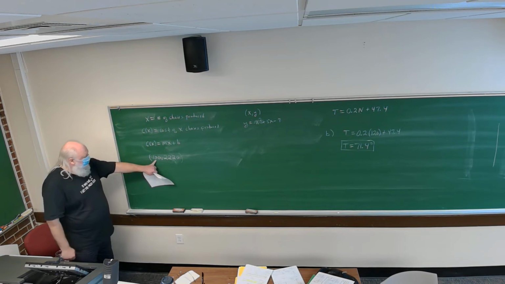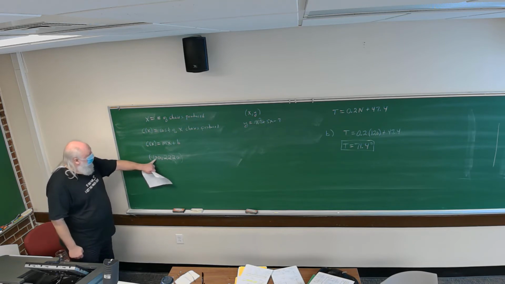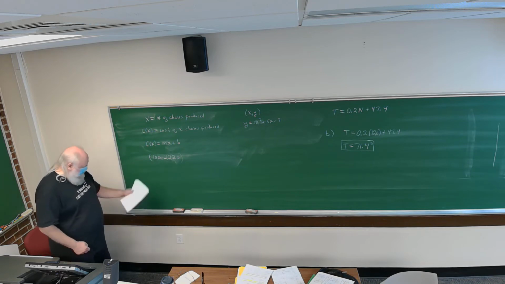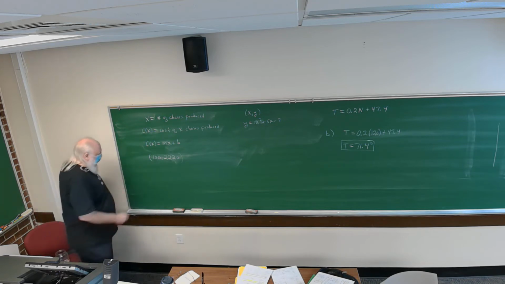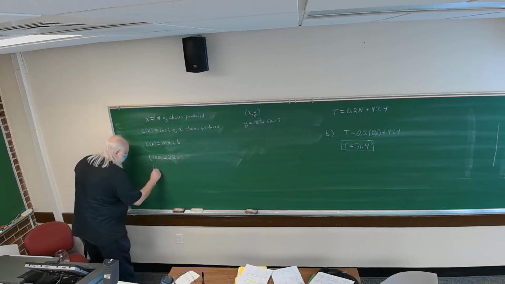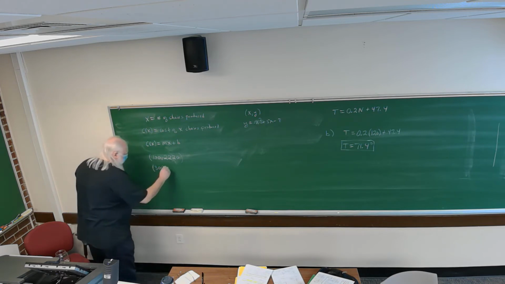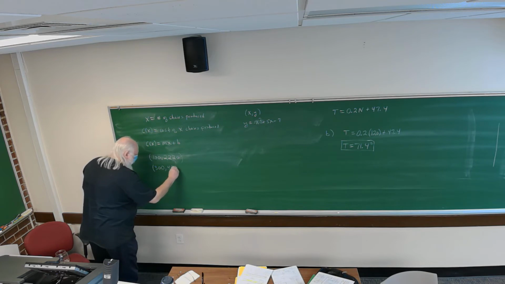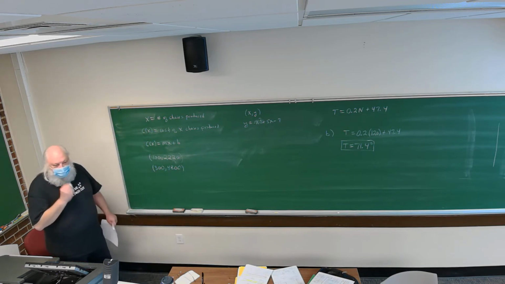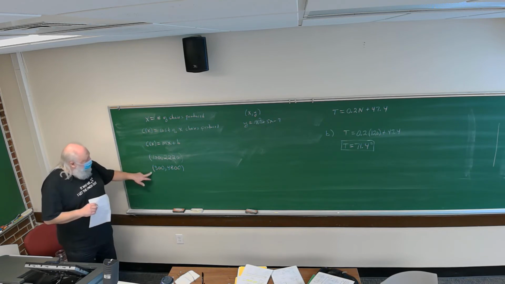Alright, so when x is 100, the number of chairs produced is 100, the cost is 2,220. And when the number of chairs produced is 300, the cost is 4,800. Okay. So those are two ordered pairs, right? These are like points in the coordinate plane, and we can calculate the slope of the line through those 2 points.